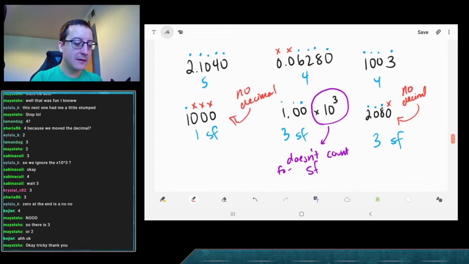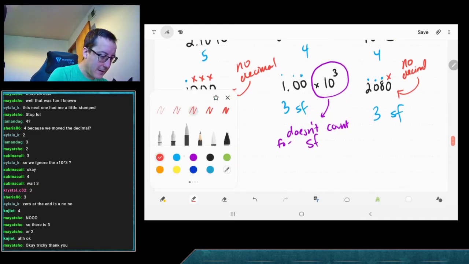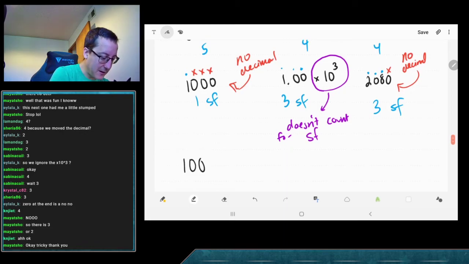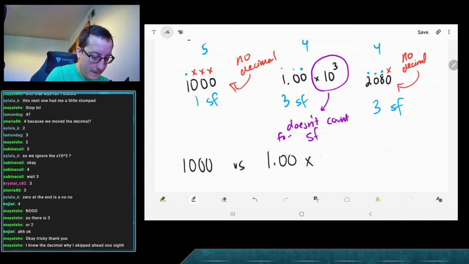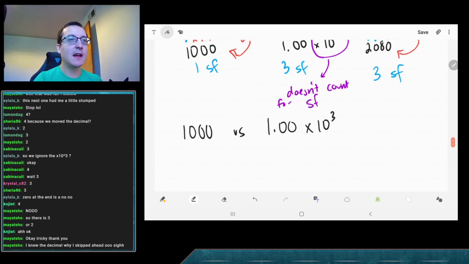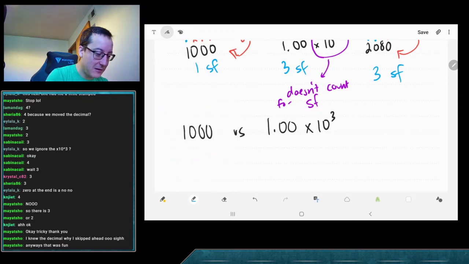Okay, notice, working with these numbers here, again, notice that these 2 numbers are equal, right?